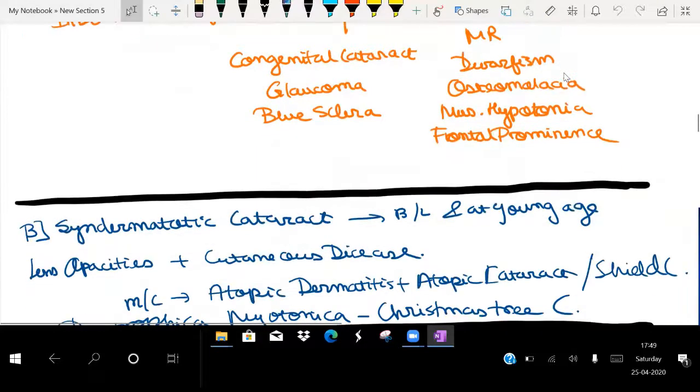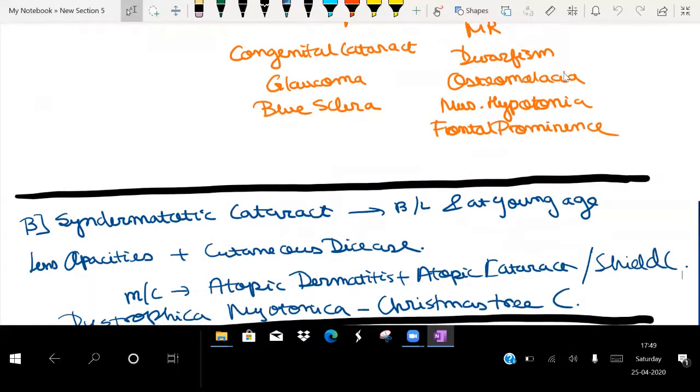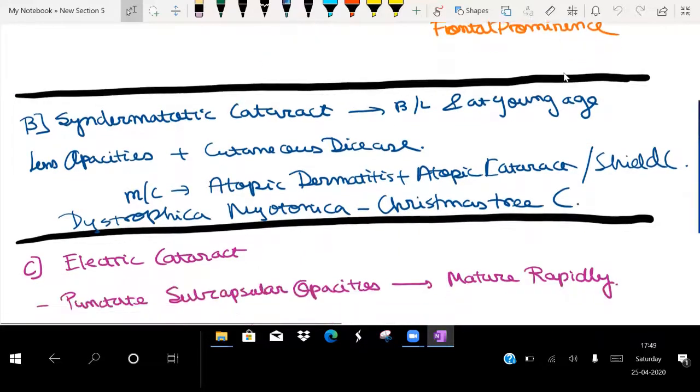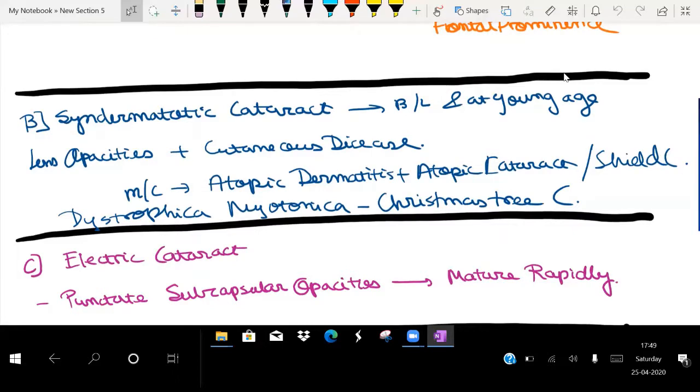Moving on to the second type after the metabolic cataract, the syndermatotic type of cataract. Bilateral and at a young age, the syndermatotic cataract means lens opacities associated with cutaneous diseases.